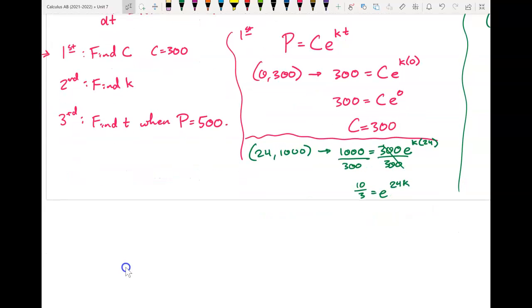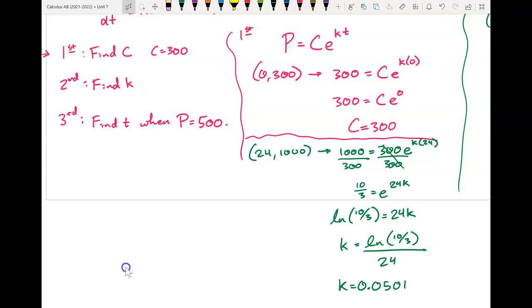So now I can do the natural log, and I have the natural log of 10/3, or 3.33, equal to 24k. Last thing to do, divide by 24, and I know a few of you already have it. What is our k value? It should be about 0.0501, something like that, right?